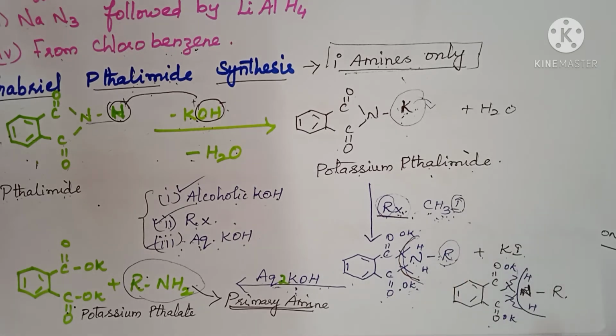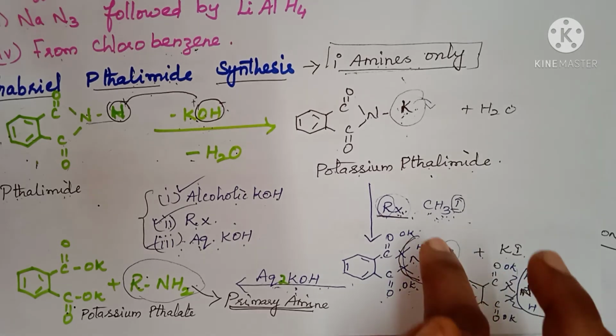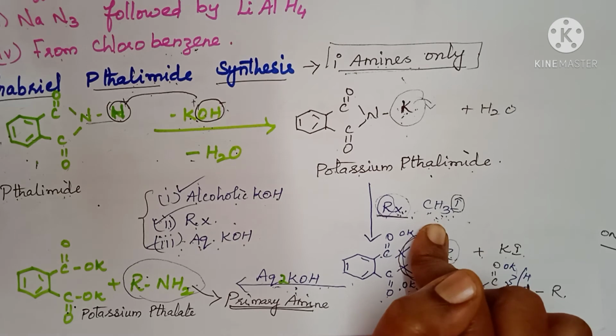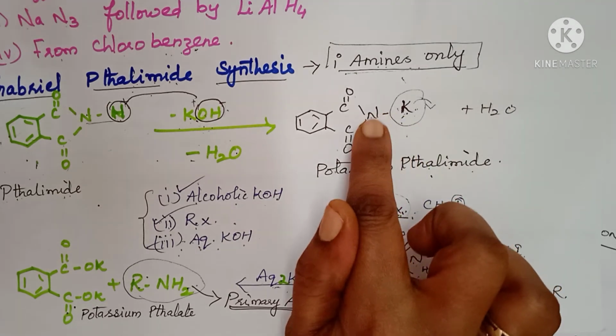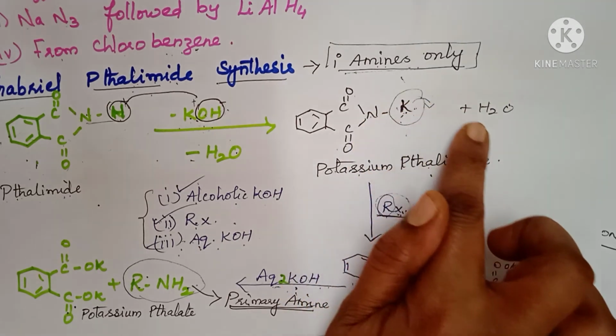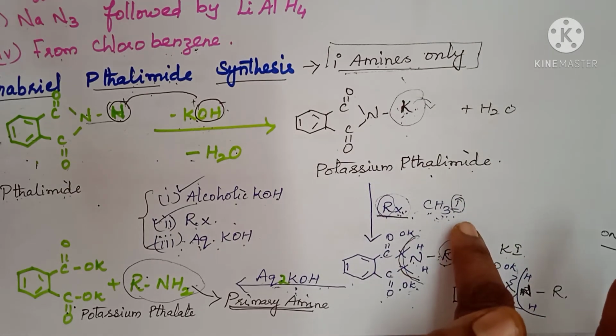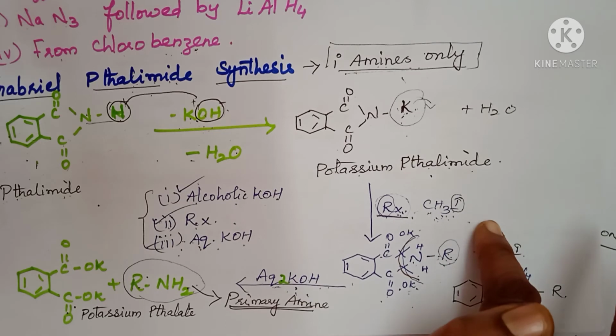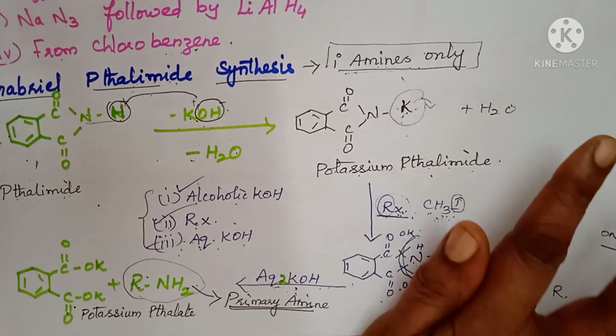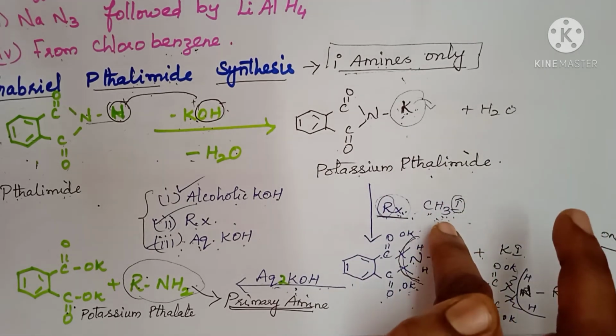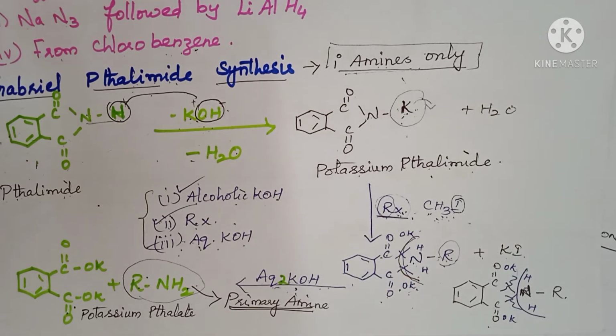That means a bulky group of carbons will be available, and the potassium phthalimide will not come and react with that compound. For that reason we use alkyl halide with a smaller number of carbons.